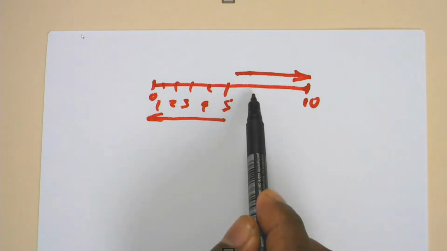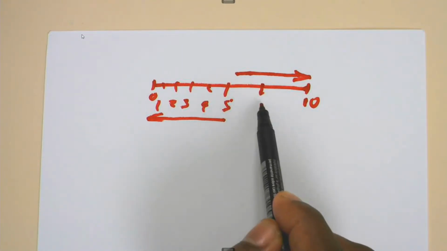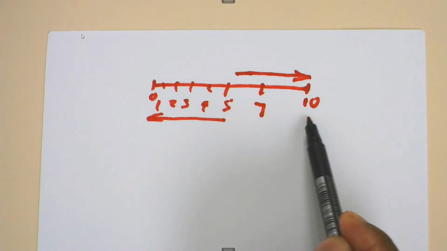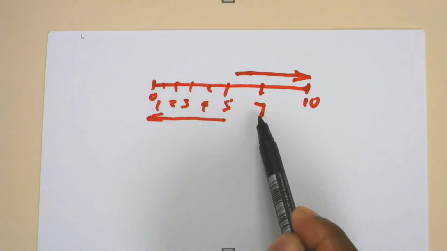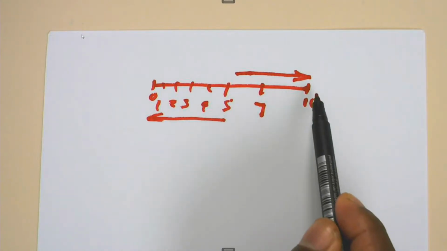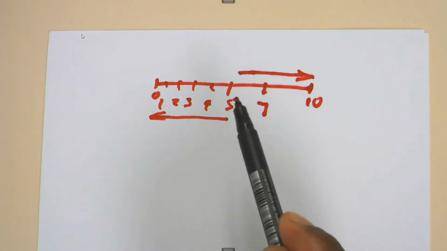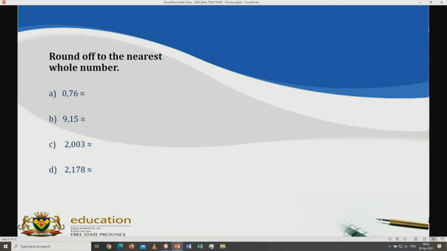So now this time around we are having 7. Let's say here is our 7. It's nearer to this rather than going down to 0. So we can round it off up to this. Good. Now let us round it off. What are we going to get now?